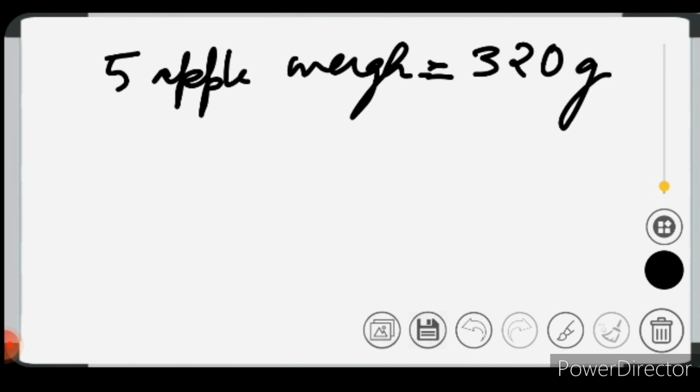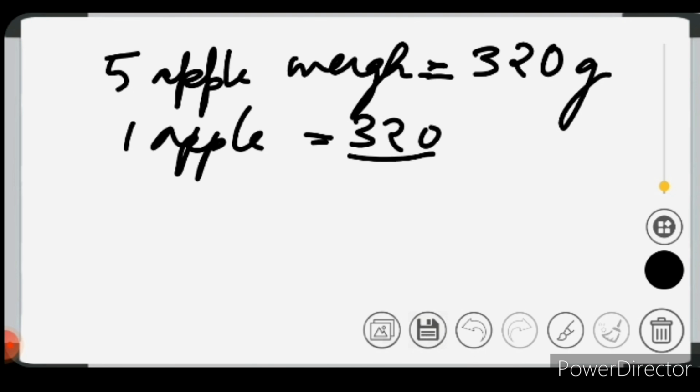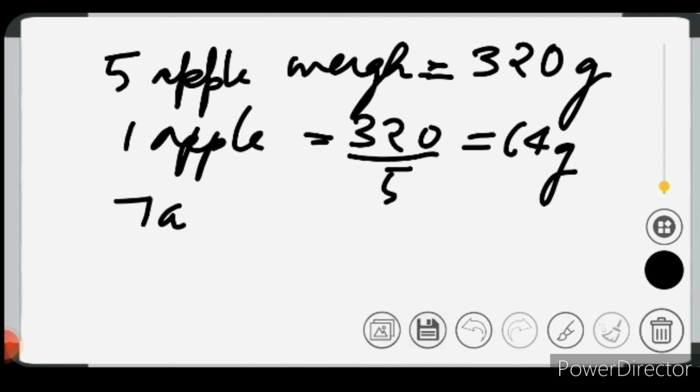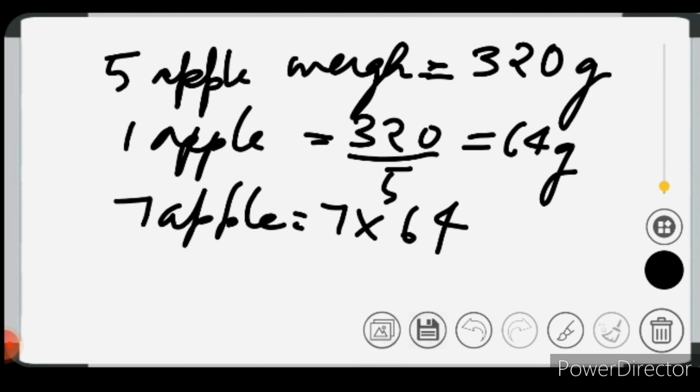Okay, so for 1 apple, how much will it be, students? It's very simple. For 1 apple, it will be 320 divided by 5. That will be 64 grams. So which means 1 apple is this much. The question is, find for 7 apples. For 7 apples it will be 7 into 64, for 1 apple. You have to multiply and give the answer. So it's very simple, students.